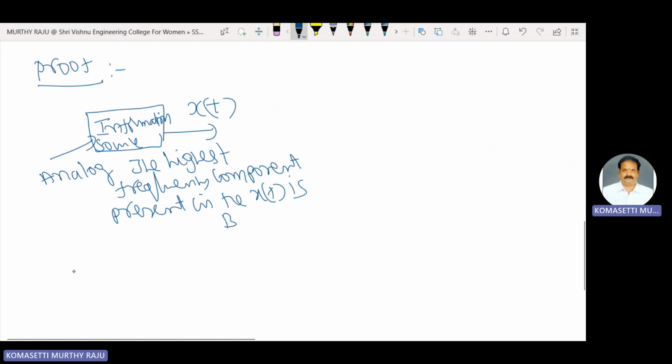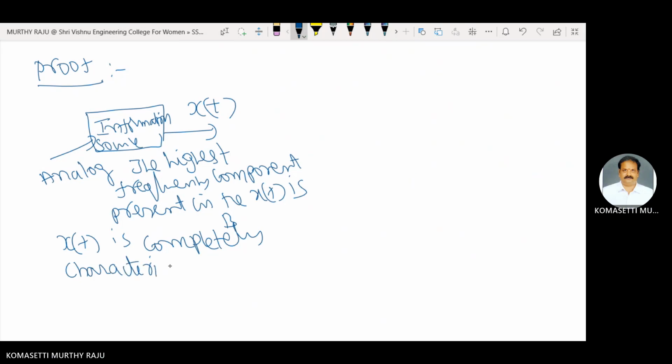The signal x of t is sampled with a sampling rate. It is further assumed that x of t has a finite bandwidth B, so that x of t is completely characterized by its periodic sample values.